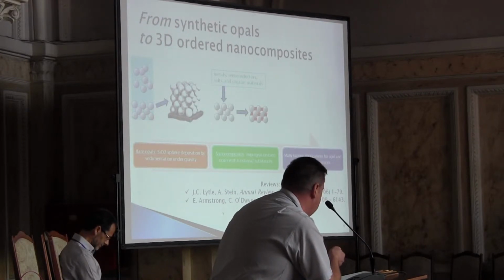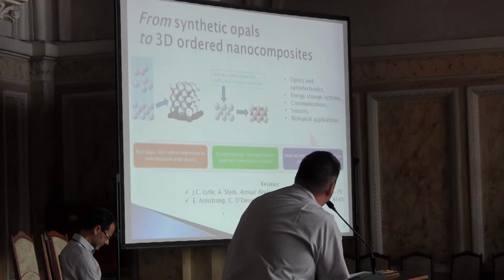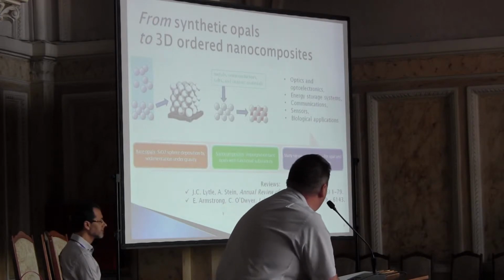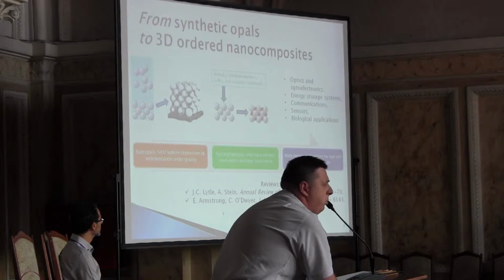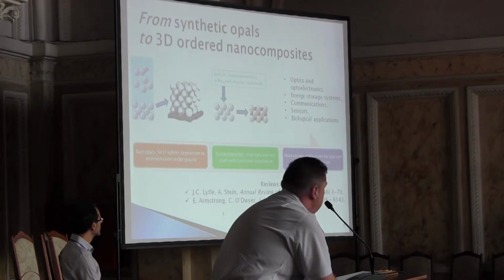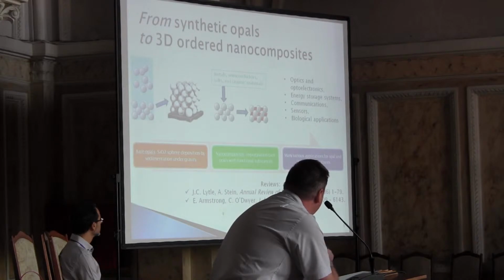This structure can be used in many branches: optics and optoelectronics, energy storage systems, communications, sensors, and they have biological applications. I would like to draw your attention to the reviews by Lytle or Armstrong.